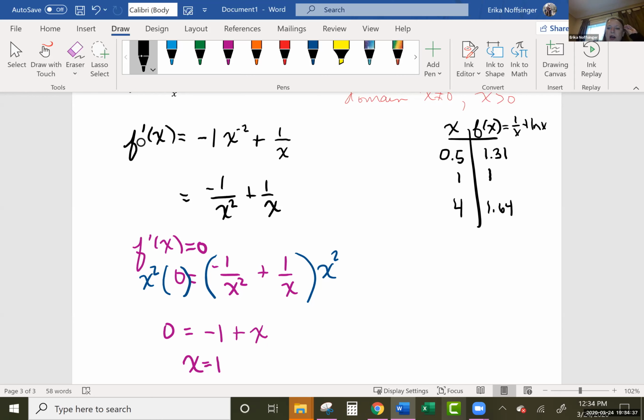So the smallest y value I get back is 1, and this is my absolute min. The largest y value I get back is 1.64, so this is my absolute max.